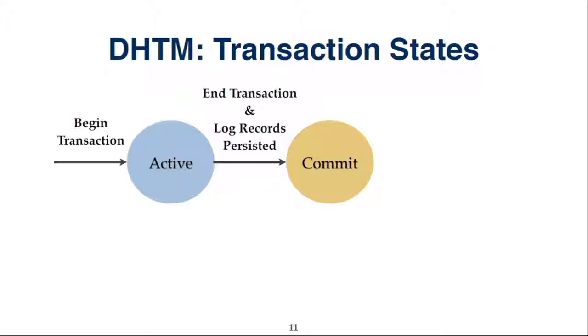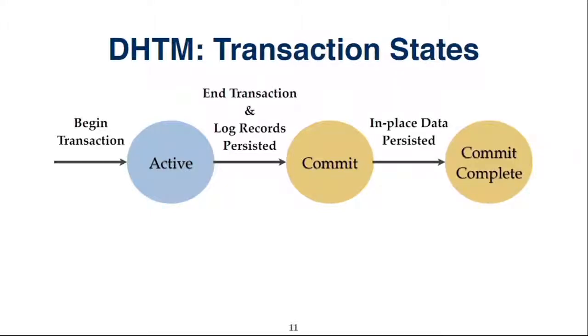At this point, even though the in-place values in persistent memory may not have been modified, the transaction is failure atomic, and if there is a crash after this point, all the updates of the transaction can be recovered from the transaction log. And later on, when all the in-place values have been written back to persistent memory, is when a transaction is deemed to have been completed.